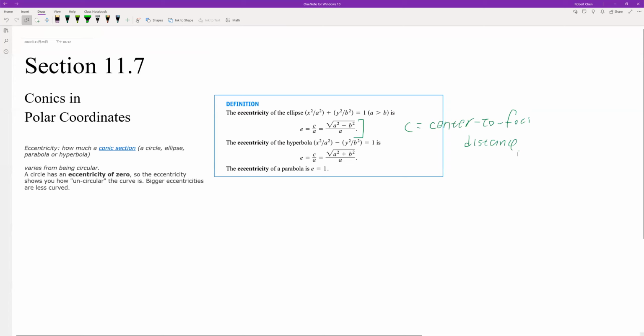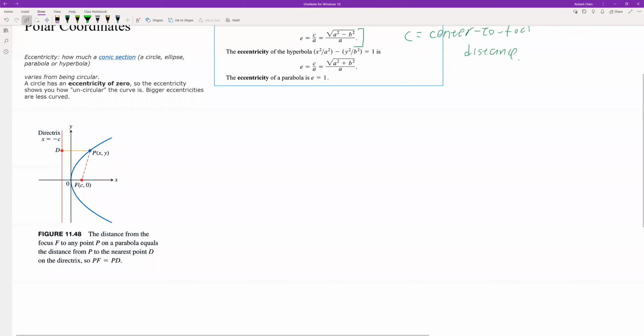All right, let's take a look at one picture together. The first one we're looking at is the parabola. As we know, a point on the parabola has the same distance to the focus, which is this red dash line here, that's called A. And it also has the same distance to the directrix, which will be the same thing as A. So in this case, the distance PF is equal to PD, which in our variables is A equal to A. In that case, we can use the eccentricity formula.